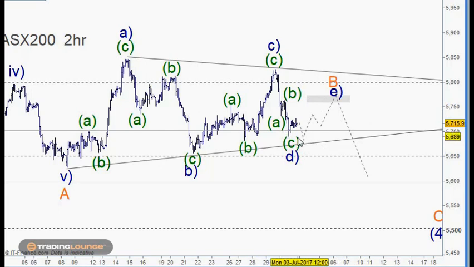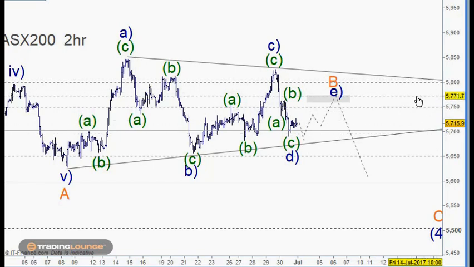Just remember that we're looking for some. It might get really ugly in here and confusing during the week, and if that's so, don't worry about it too much. What we're really looking for, as I pointed out before, is some sort of high retracement coming back above the 5,750, and then the market locks itself under that, then we've got something to work with, because that's the halfway mark between the 5.7 and the 5.8.